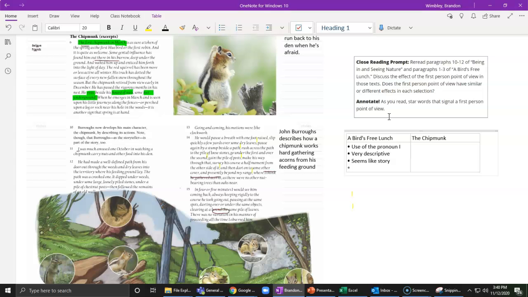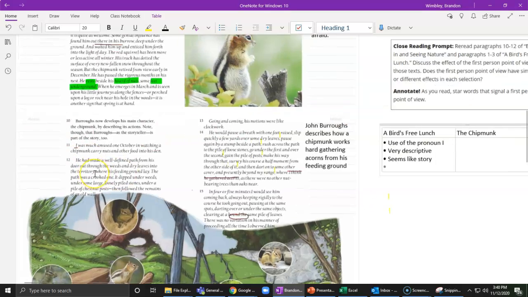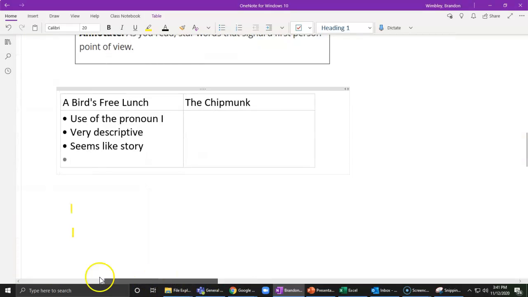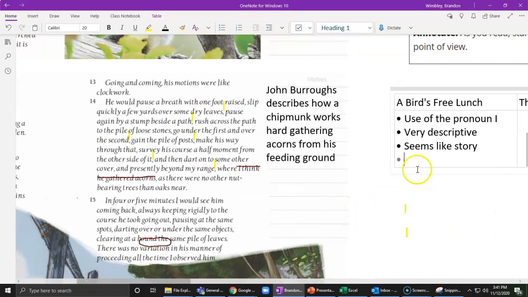And not only that, but when he's using this word I, it's like he's in the story. He's a character. He's not just like some figure up in the sky like you might think of like God watching down and not having interaction, but he is a part of it. We'll see over here it says, I would see him come back. So he's like invested in this chipmunk. So I'm going to add that for my next part.